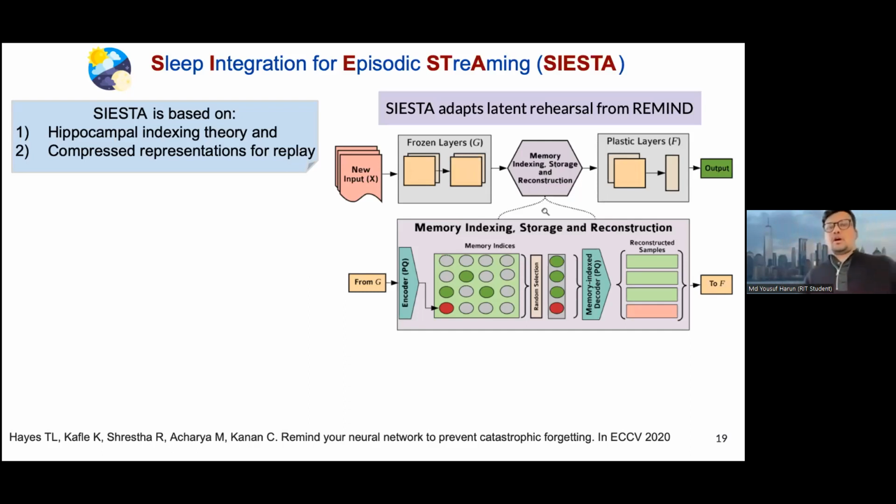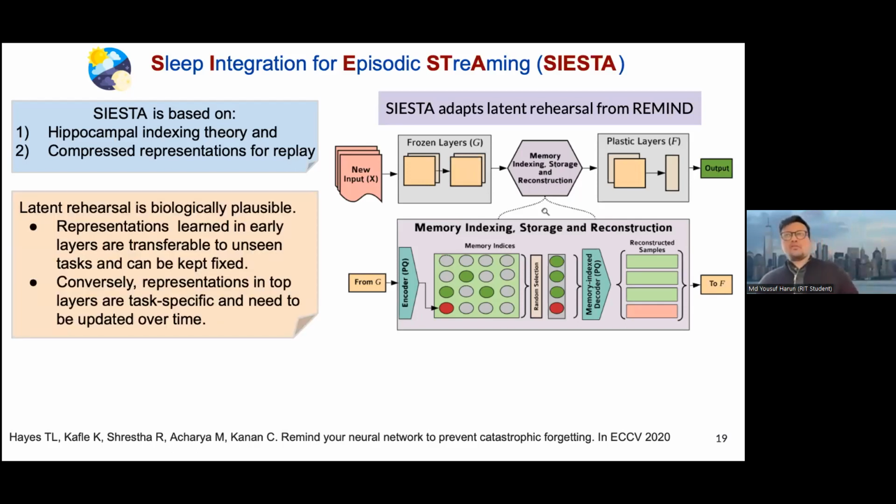We call it compressed representation replay because humans and animals usually learn by storing compressed representations and reactivating them during sleep. They don't store all the raw input. We draw inspiration from this mechanism, and then we try to mimic it in a continual learning system.